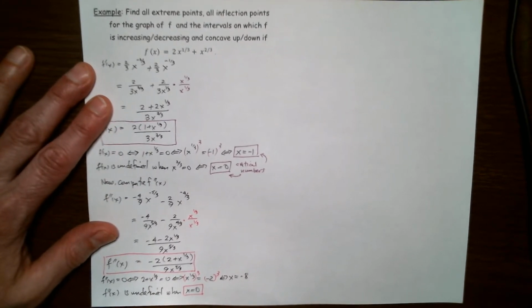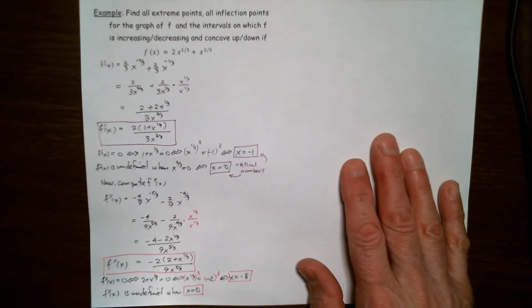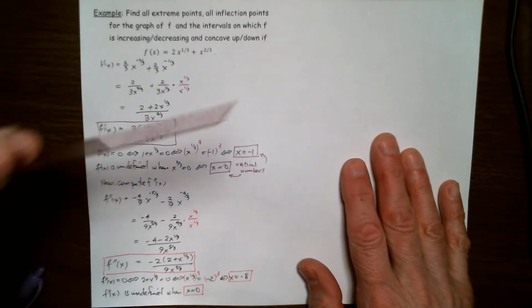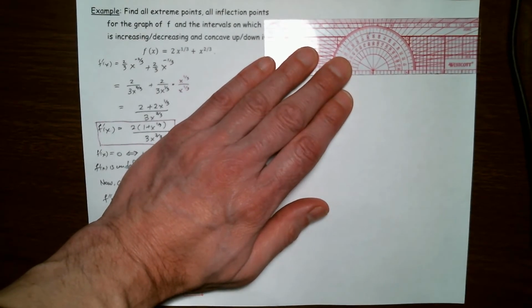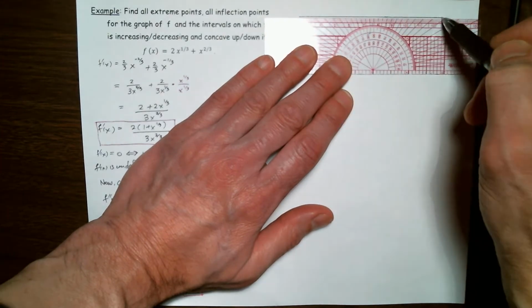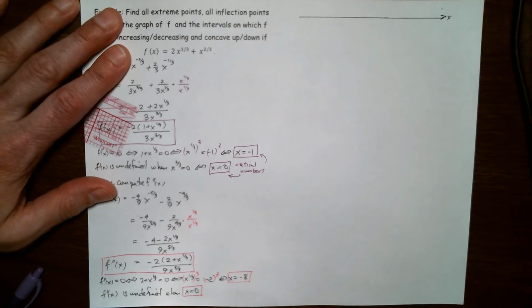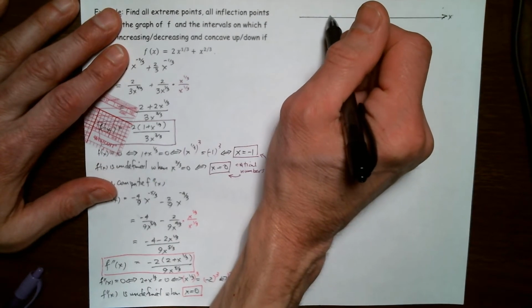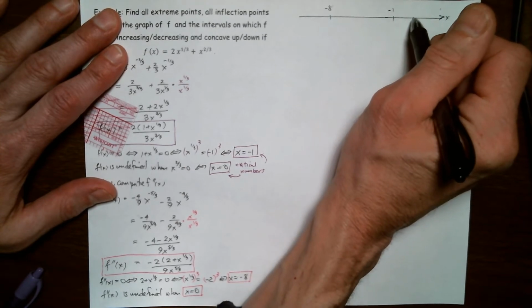So now what we're going to do is take these points that we highlighted, namely 0, minus 8, and minus 1, and use them to split the x-axis into several subintervals. So let's draw our x-axis up here, and we'll indicate this is the location of minus 8, here's negative 1, and here's 0.